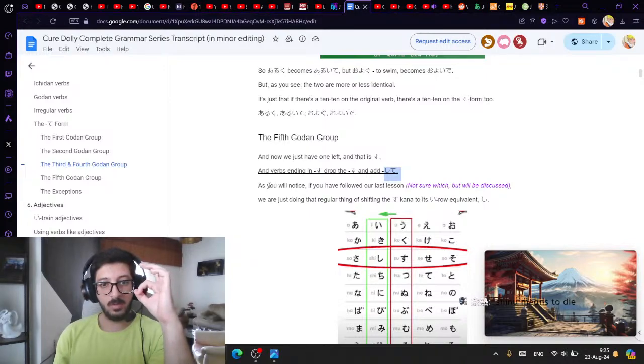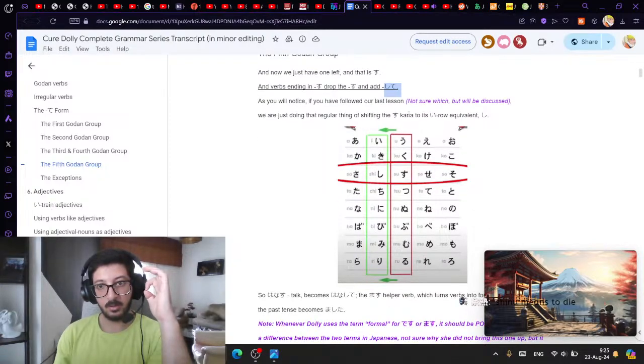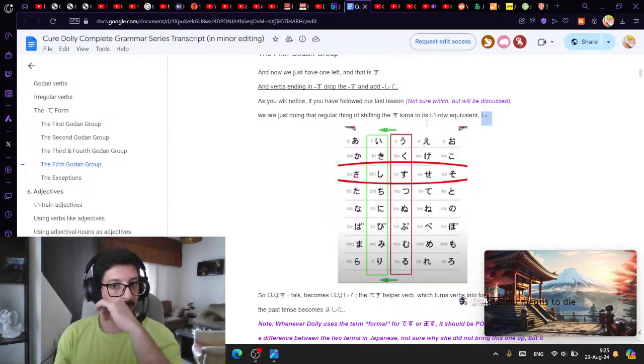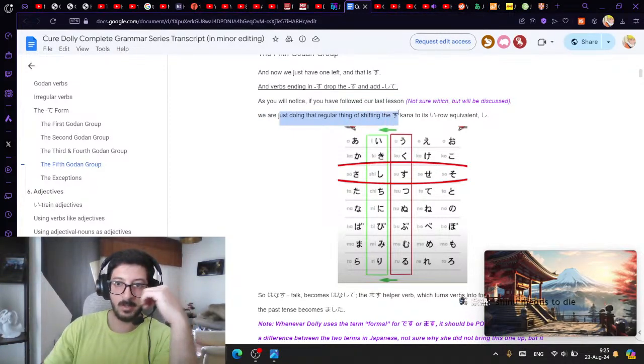As you will notice, if you have followed our last lesson, we're just doing that regular thing of shifting the su kana to its e row equivalent.